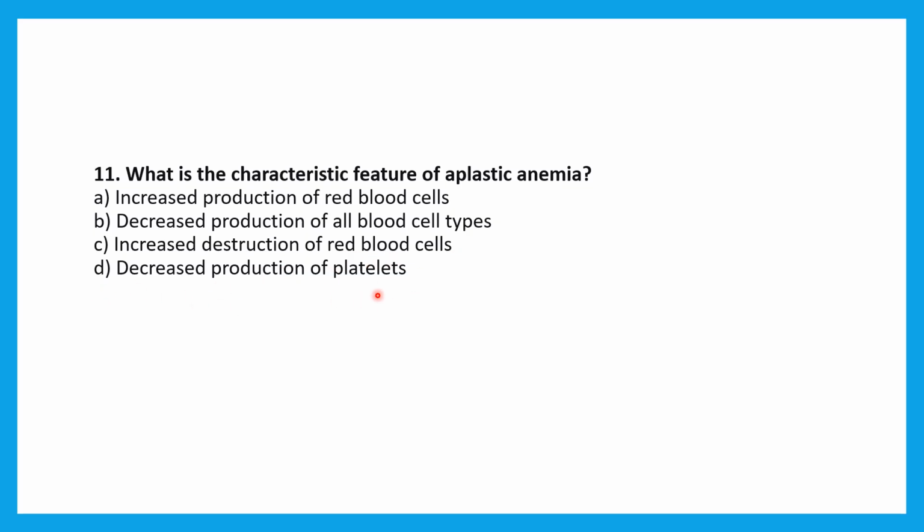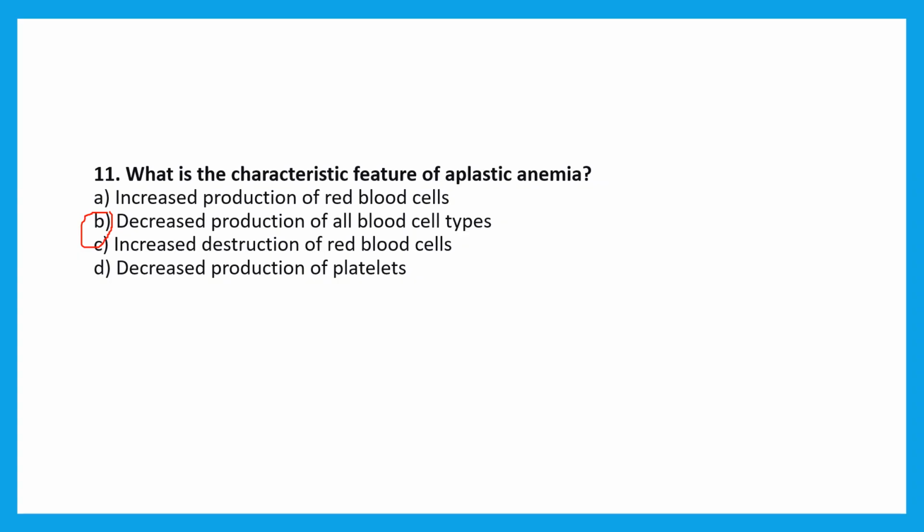Which one is it? You've learned about aplastic anemia, and it's got the best definition actually. Directly from the definition, we're going to say decreased production of all blood cell types is a characteristic feature of aplastic anemia.